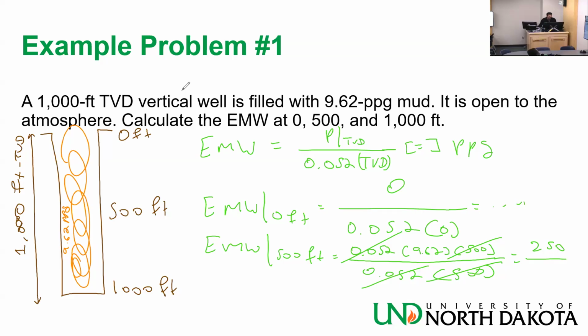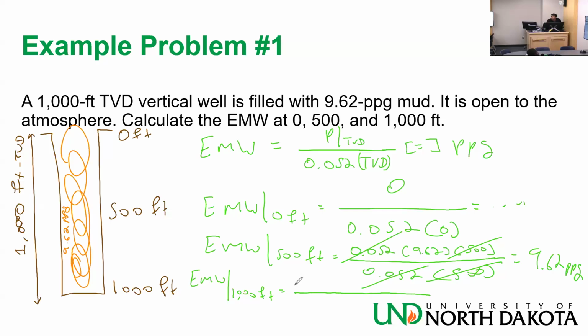No need to work out the math here because it's an easy answer. It's 9.62 ppg, so the same as the static mud weight. What is the EMW at 1,000 feet?